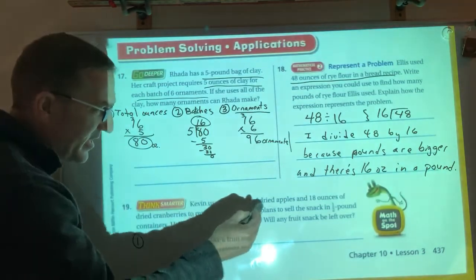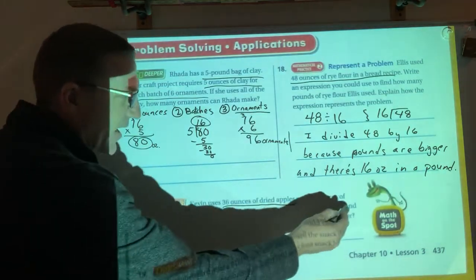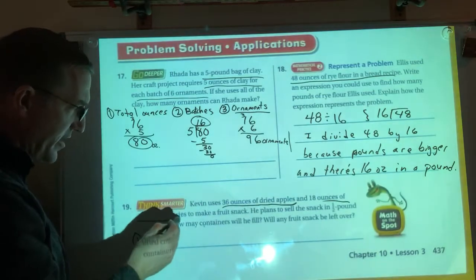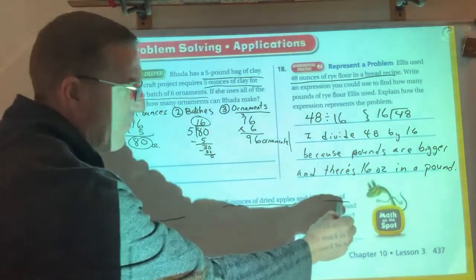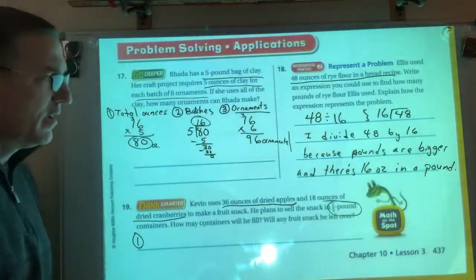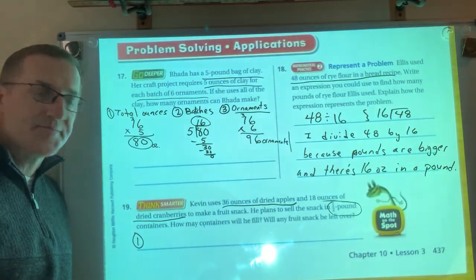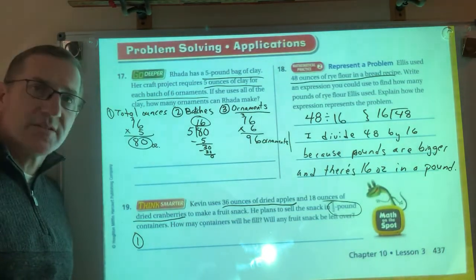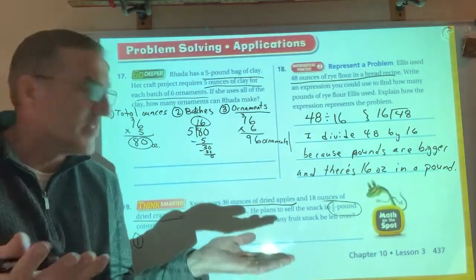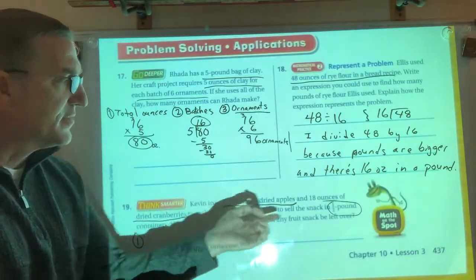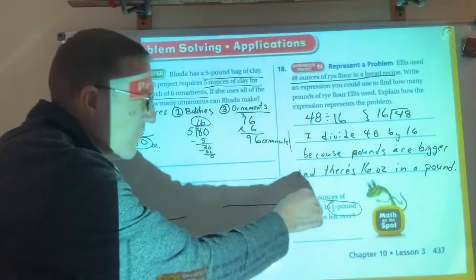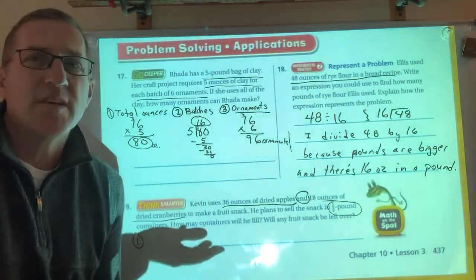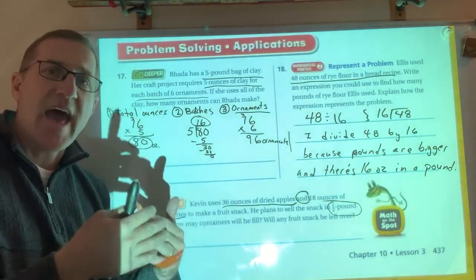I've got these 36 ounces of dried apples and 18 ounces of dried cranberries, right? And I want to do half-pound containers. So what should I do first? I'm going to take this 36 ounces and 18 ounces, and the word in the middle here is and. What does and always mean? And means to add, right?